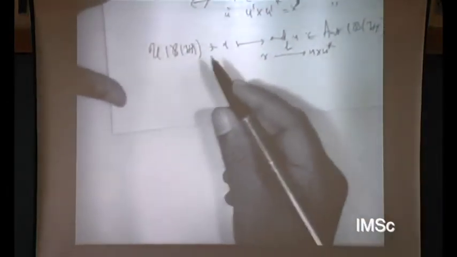So what I mean is, a kind of meta theorem I'm saying.